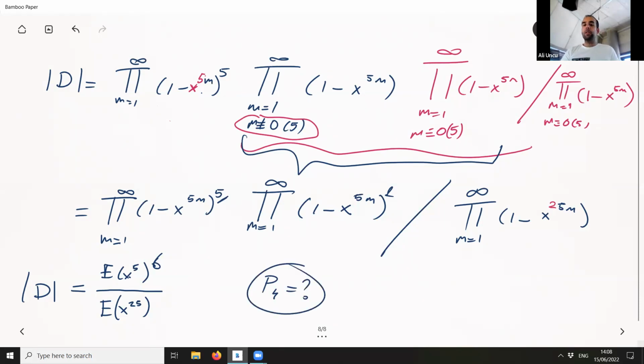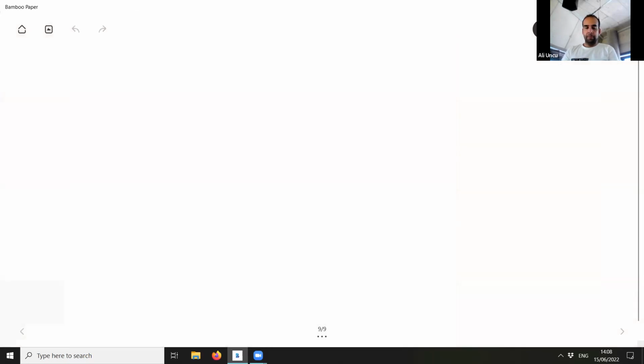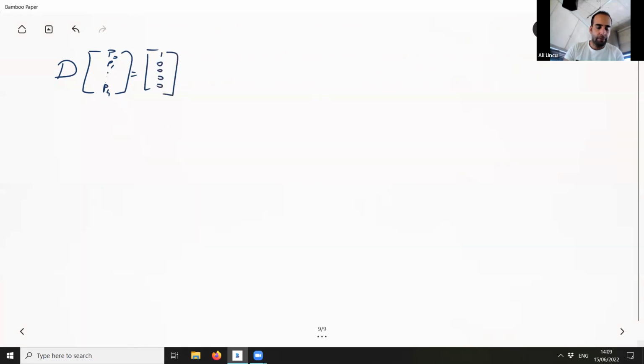So can we calculate what P4 is if we know what D is? In general, not. So we have this D times this P0, P1, up to P4 is equal to 1, 0, 0, 0, 0.